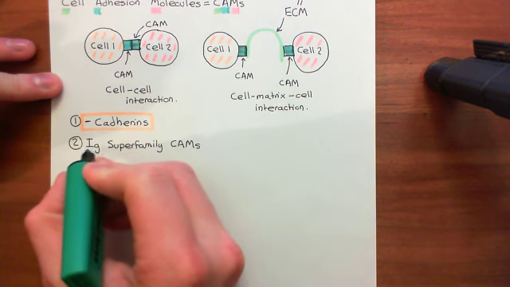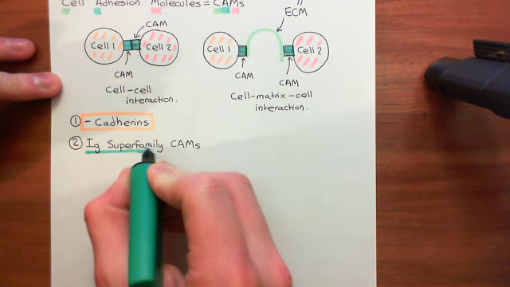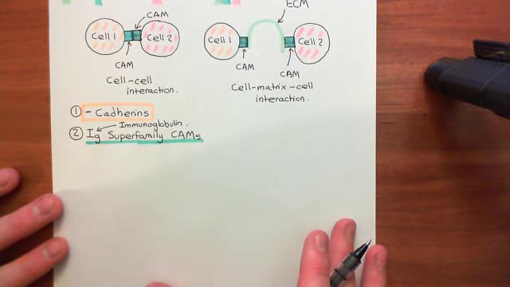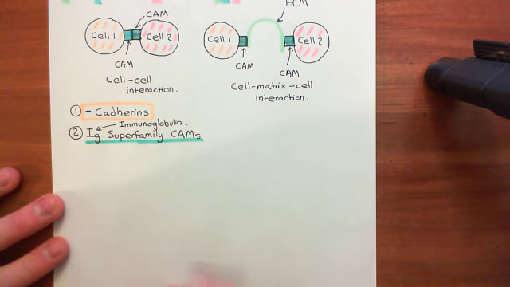So this is the second family of cell adhesion molecules. That little Ig there is short for immunoglobulin: the I stands for immuno and the G stands for globulin. So that's the second major family of cell adhesion molecules.